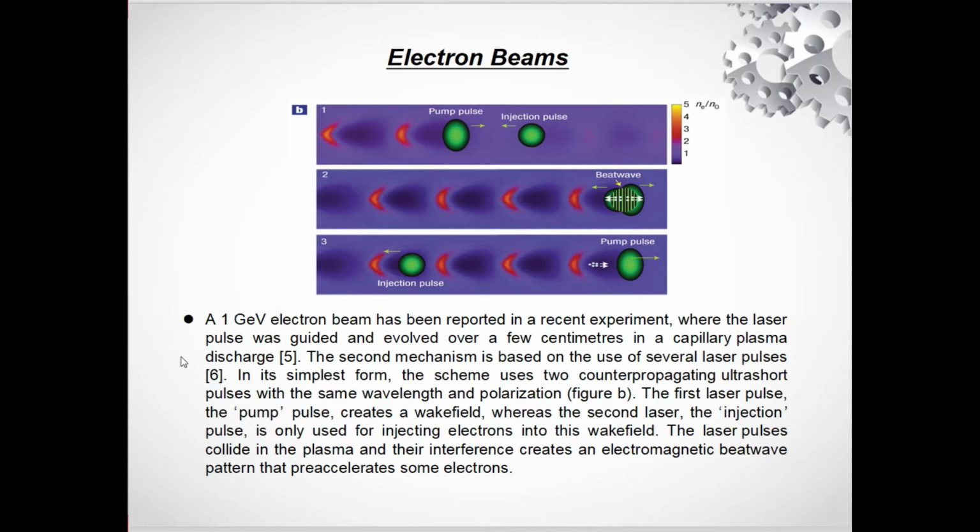The first laser pulse, the pump pulse, creates a wake field, whereas the second laser, the injection pulse, is only used for injecting electrons into this wake field. The laser pulses collide in the plasma and their interference creates an electromagnetic beat wave pattern that pre-accelerates some of the electrons.